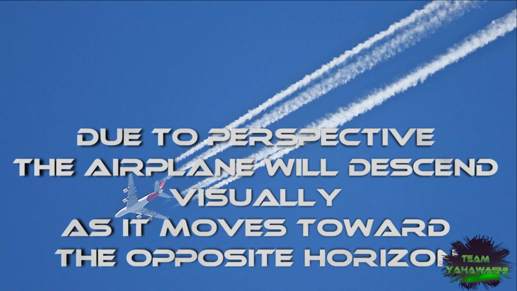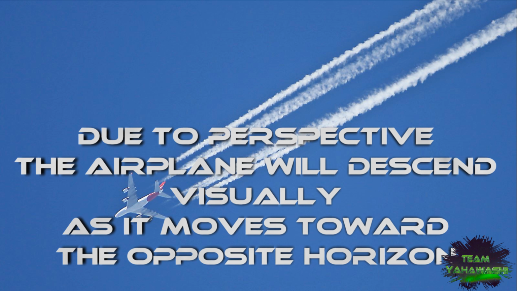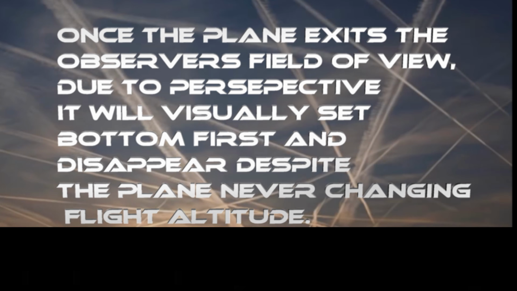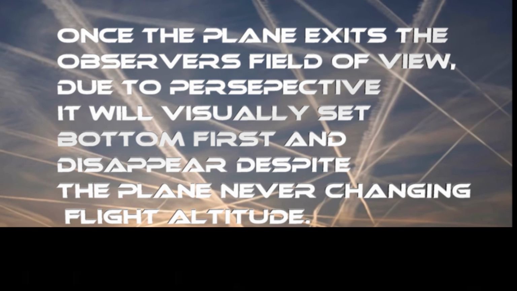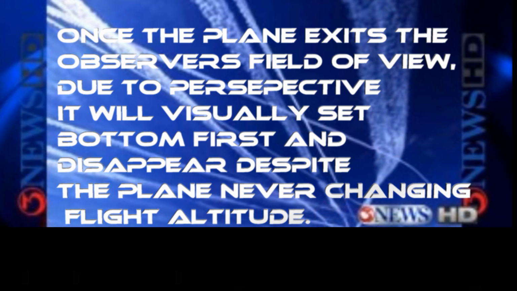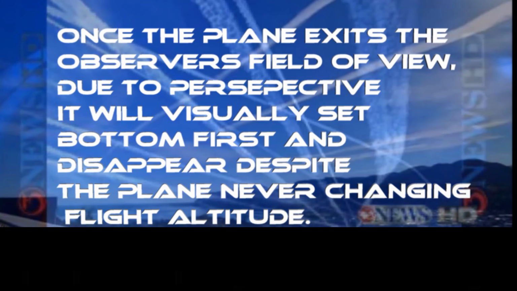Due to perspective, the airplane will descend visually as it moves towards the opposite horizon. Once the plane exits the observer's field of view, due to perspective, it will visually set bottom first and disappear despite the plane never changing altitude.